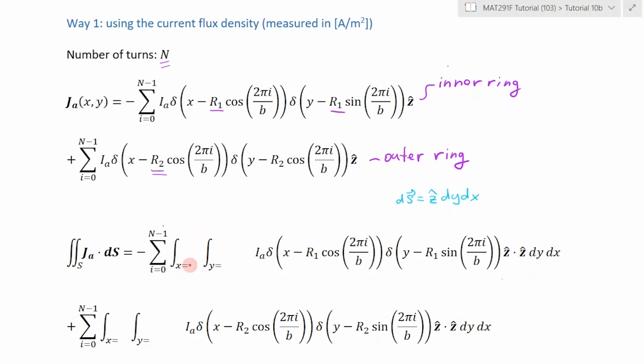Our x is going to go from negative R3 to R3, and y will go from negative square root of R3 squared minus x squared to the square root of R3 squared minus x squared. And the same thing here.